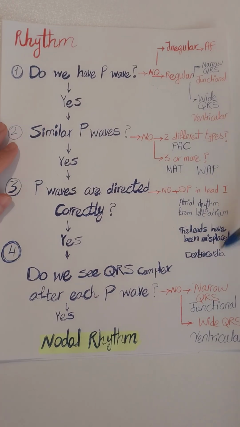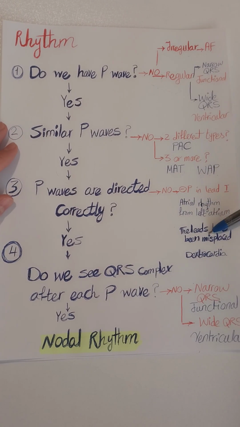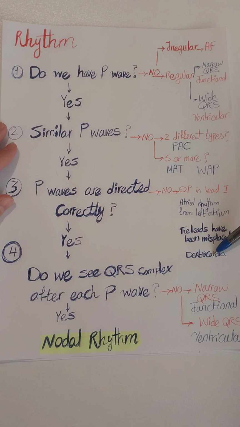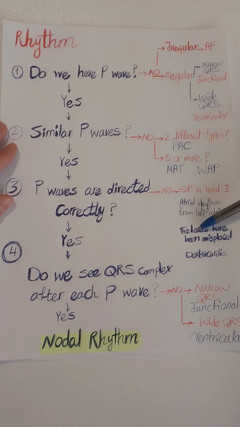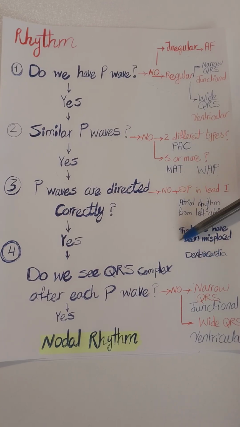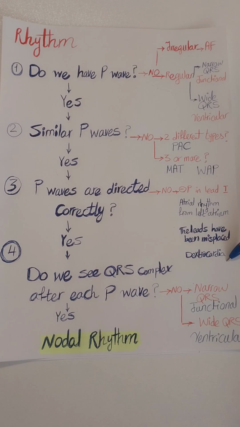In determining whether we have misplaced leads or dextrocardia, we have to look at R progression from V1 to V6. If R progression exists from V1 to V6, it means that the leads have been misplaced. But if we don't have R progression, it means that we have dextrocardia.